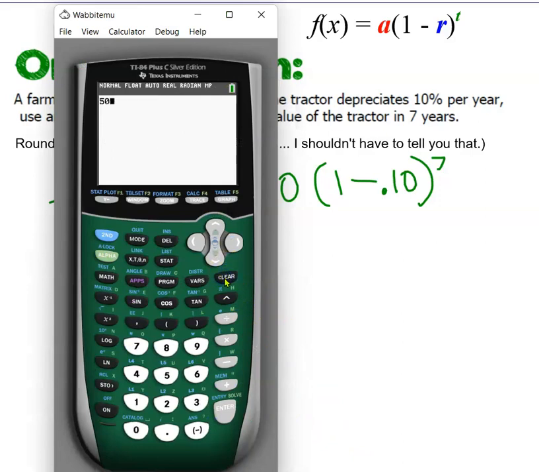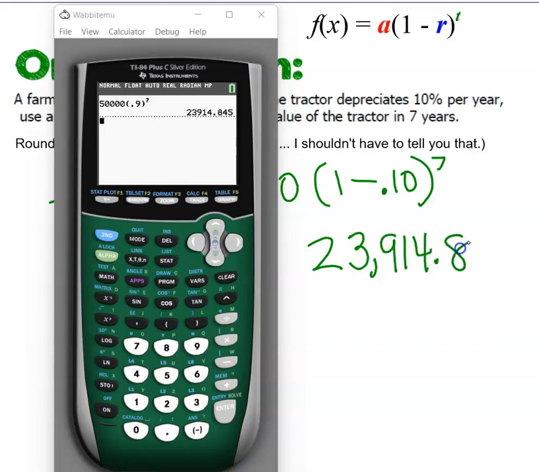So 50,000, and we lose 10%, that's 0.90. And for 7 years. After 7 years, it will be worth $23,914.85.